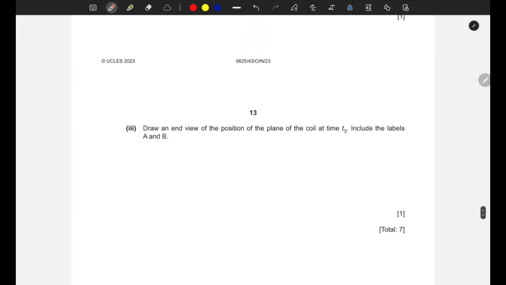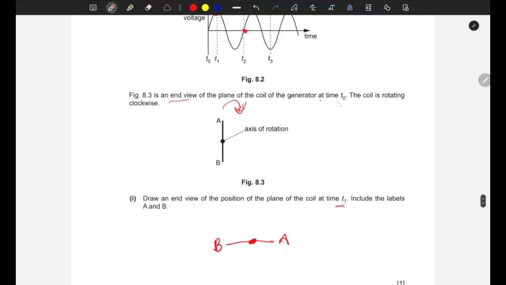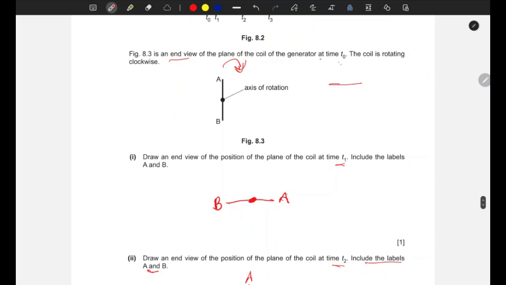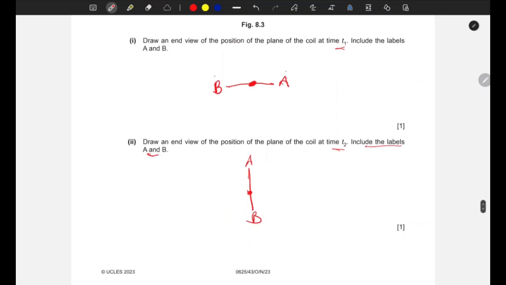Part 3. Draw an end view of the position of the plane of the coil at time t3. So t3 is also at the maximum, the minimum point, so that means it's going to be horizontal, but it's going to be different because A is going to be on this side and B is going to be on the right side.